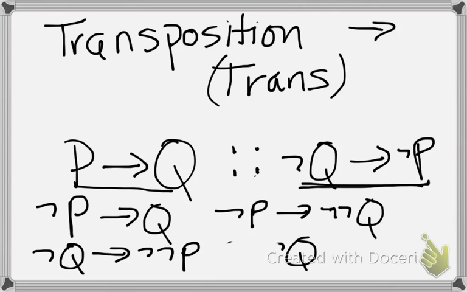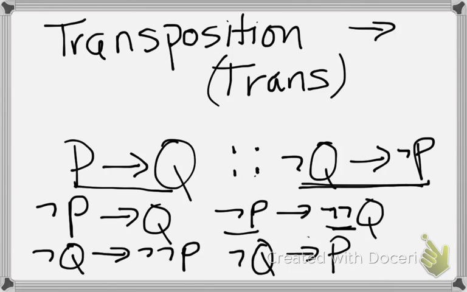So what you'd actually end up with is not Q arrow P. Because when you do the transposition, one of the negations comes off the not Q, and then the negation comes off the P. And you can see that if you did double negation on this formula here, on the not P, you'd have exactly the same formula. So there's a number of different ways you can do this and get the same results in a series of steps.